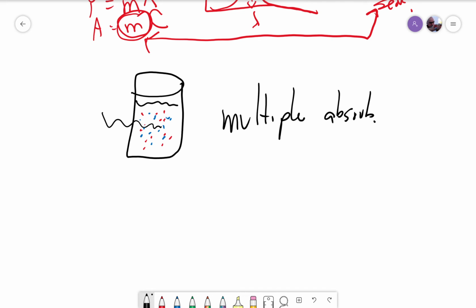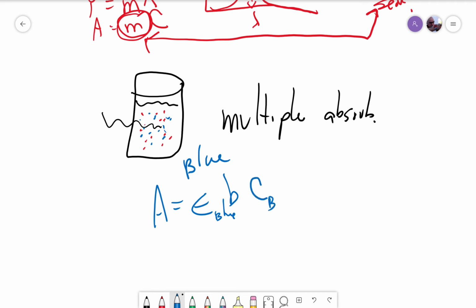If we neglected all the red molecules in here for a minute, and we only worried about the blue ones, then what's the probability of those blue molecules absorbing one of these photons? Well, that's just the Beer-Lambert law, times the path length times the concentration of the blue species.